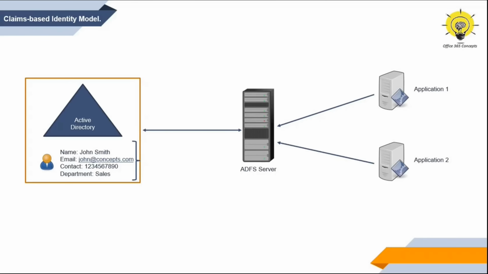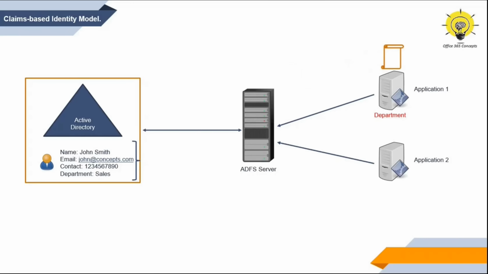But ADFS has the ability to customize the token as per the application's requirement. If application 1 needs a token on the basis of department attribute, ADFS server will construct a token on the basis of department attribute and will send this token to the application.